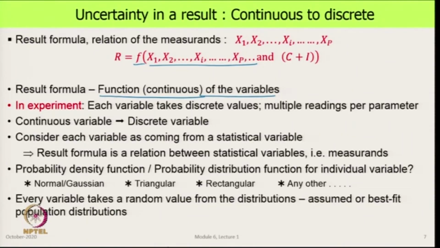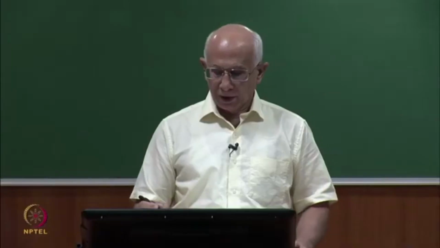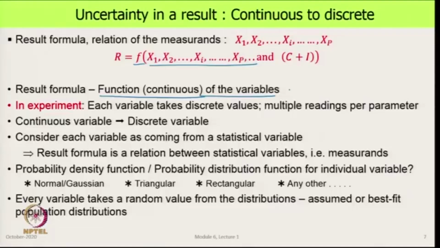For example, in thermodynamics, when you are looking at properties of a wet state versus a superheated state, there is a discontinuity in the properties at that point. But the rest of the domain, those are continuous properties. Mostly, in most experiments, this is a reasonably good assumption that remains satisfied, and we can proceed with this.